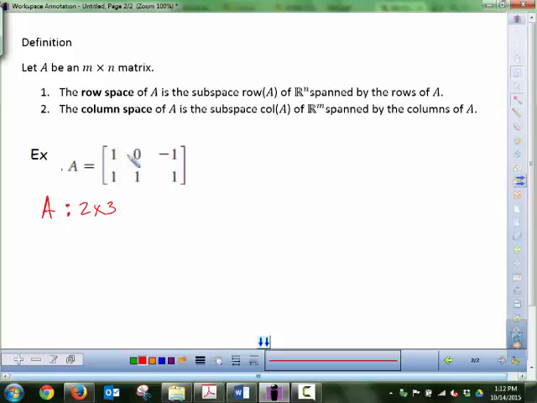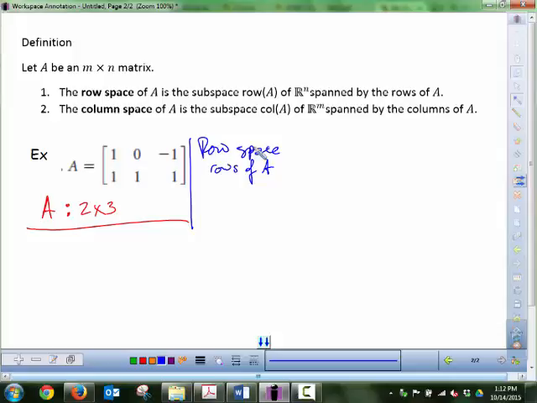Okay, and so let's take a look at the row space. The row space tells us to take the rows of A. And how many rows? We have 2 rows, so we have 2 vectors that we can look at. Does it matter if I write the vectors vertically or horizontally?